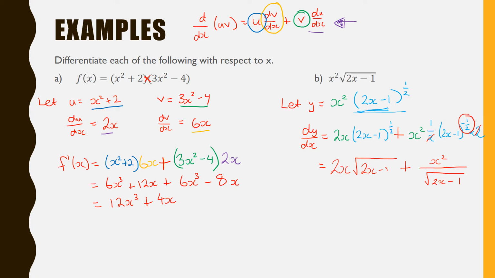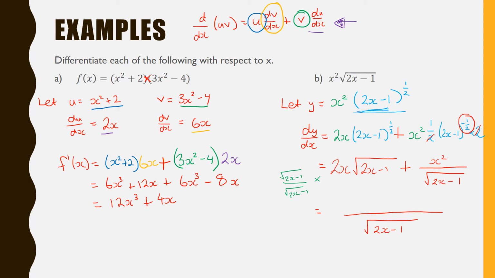We can leave it like this, or if I'm wanting a common denominator of square root of 2x minus 1, here is my denominator. If I need a similar denominator here, that means I need to be multiplying by square root of 2x minus 1 in the numerator and square root of 2x minus 1 in the denominator.